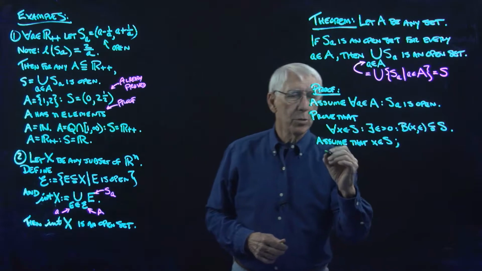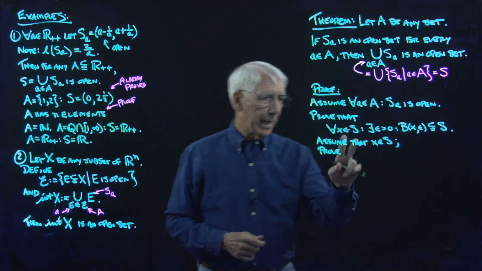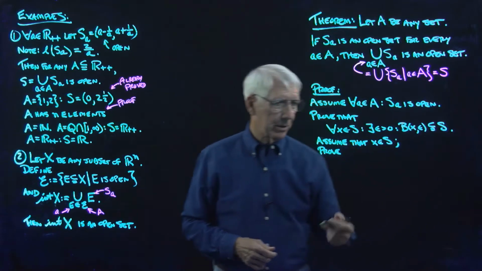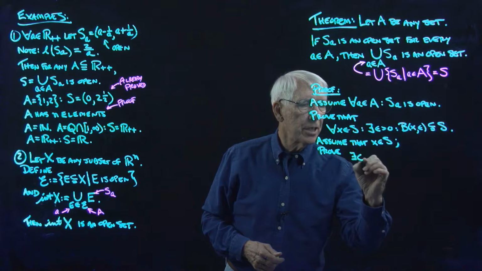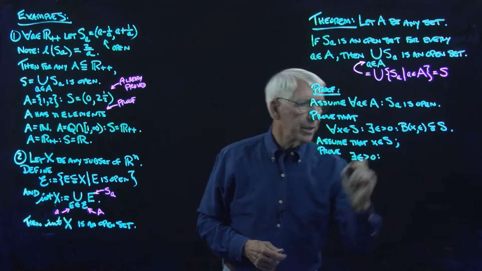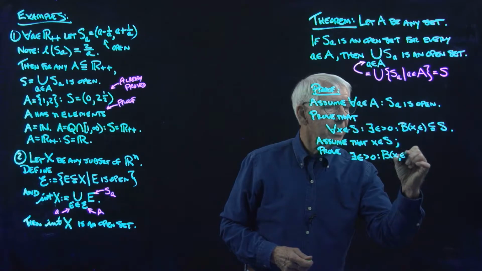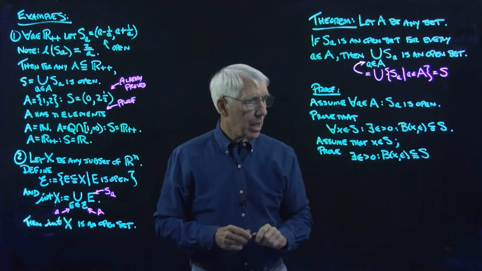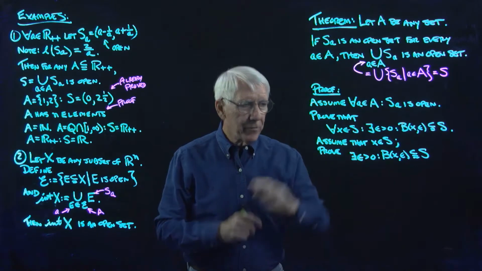And now what we want to prove, I've got a typical X. I need to prove this is true for that typical X. So I need to prove that there exists an epsilon greater than 0 such that B of X and epsilon is a subset of S. So notice what we've done here.